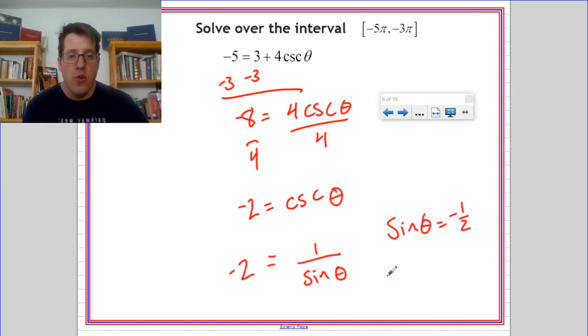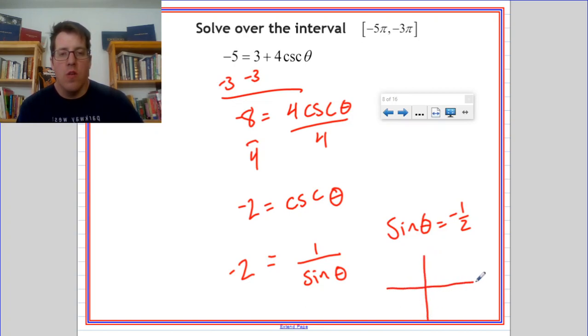This is a unit circle angle. Now, if I were to draw the unit circle, I would say, oh, the sine is negative 1/2 in the 4th quadrant at negative pi over 6, or maybe 11 pi over 6.